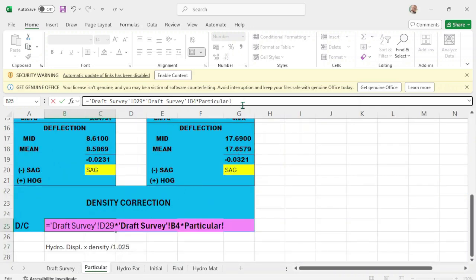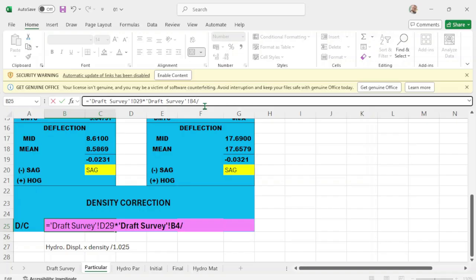So take this one. This is your hydrostatic times your local density over 1.025.